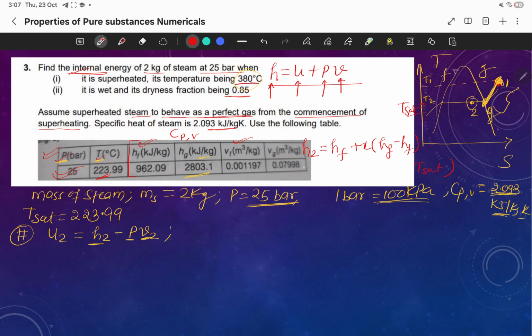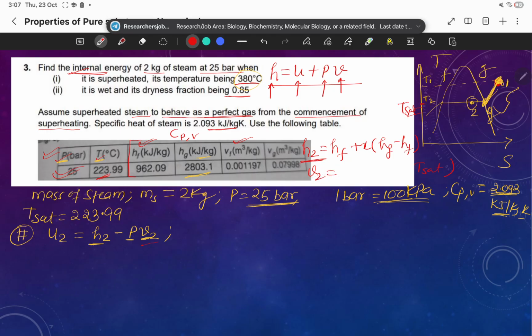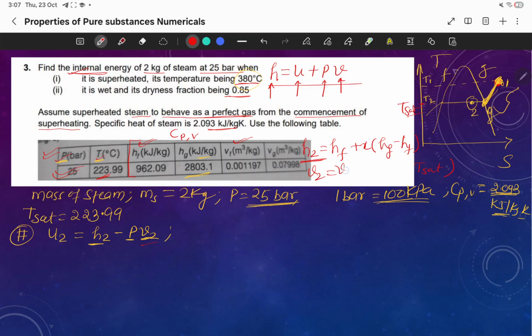So we will get h2 from here, and this volume v2, how will we find it? v2 is defined as vf plus x times (vg minus vf). So we have to use this relation, but before doing this we need the value of x, the dryness fraction, from the analysis, right?